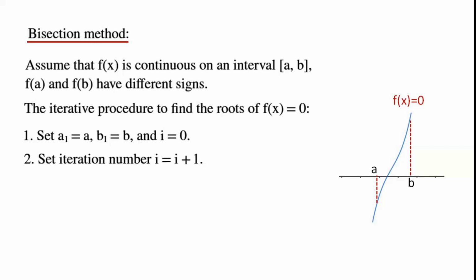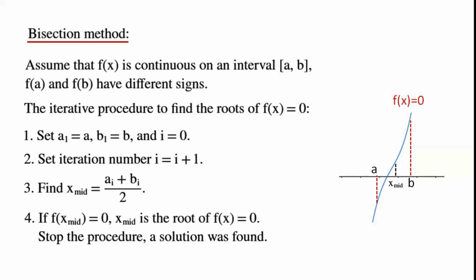Next, we set the iteration number i equals i plus 1. Then we find x mid, which is equal to ai plus bi over 2.